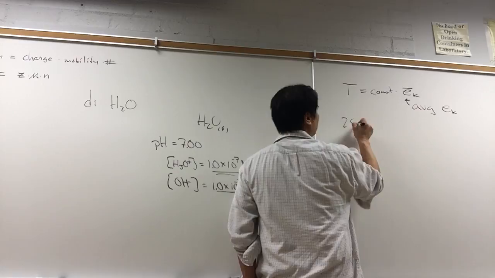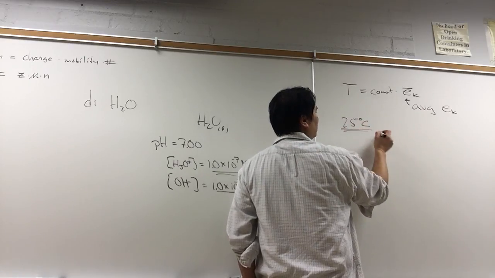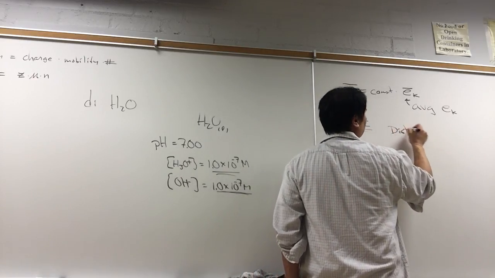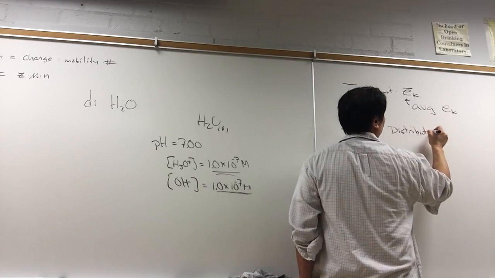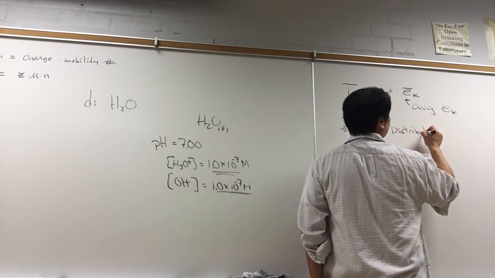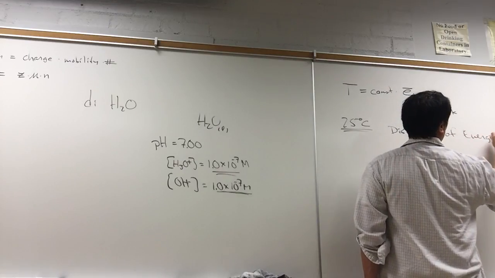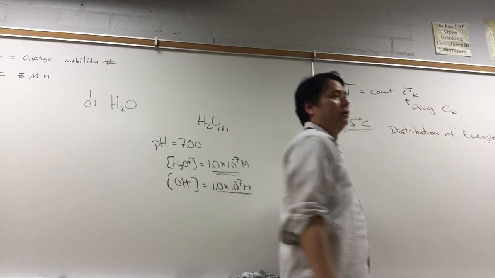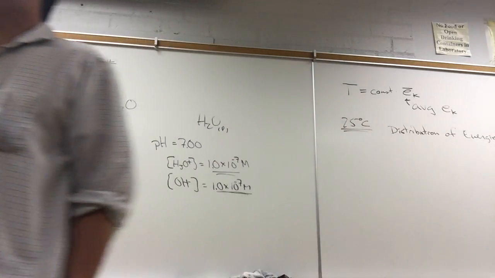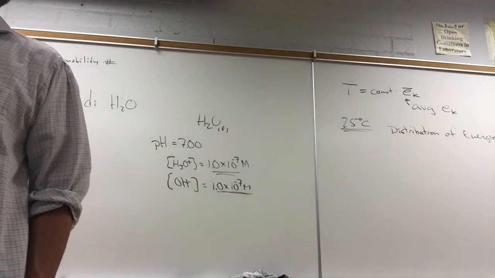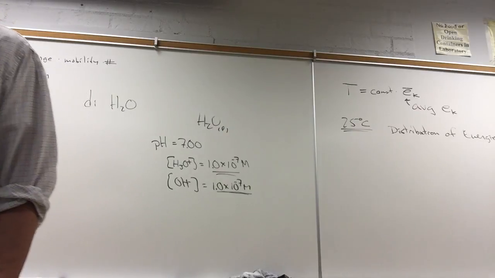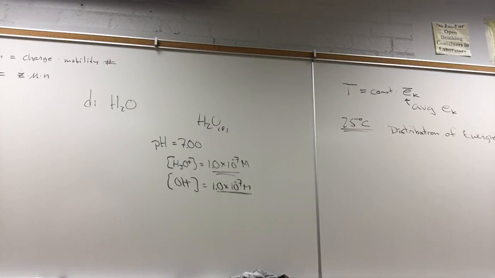And so at 25 degrees C, what we're going to see is a distribution of energies. This distribution of energies has a characteristic shape. You know, there are different shapes of distributions, and one shape is the bell curve, the normal distribution or Gaussian. This is not a bell-shaped curve.